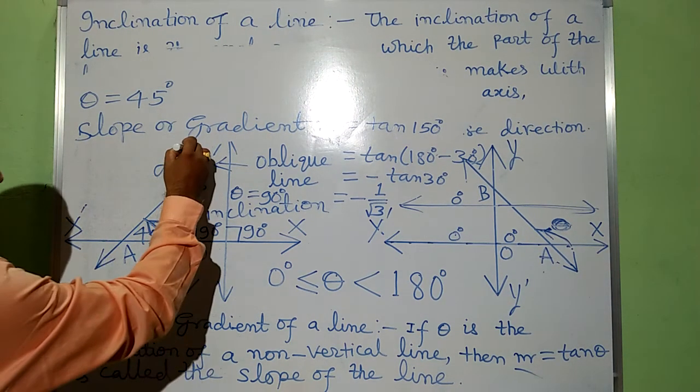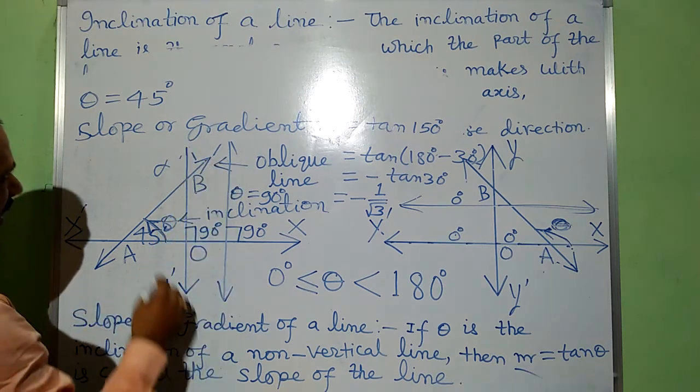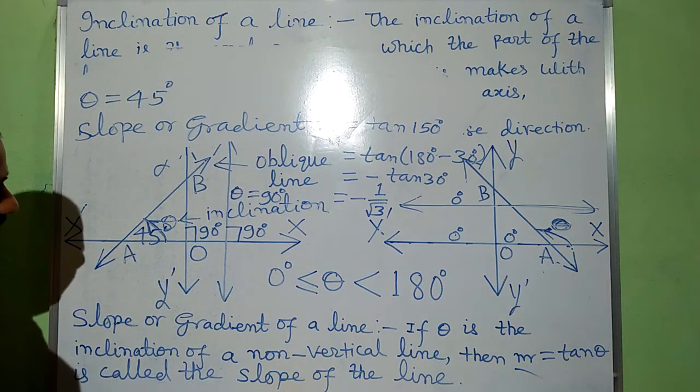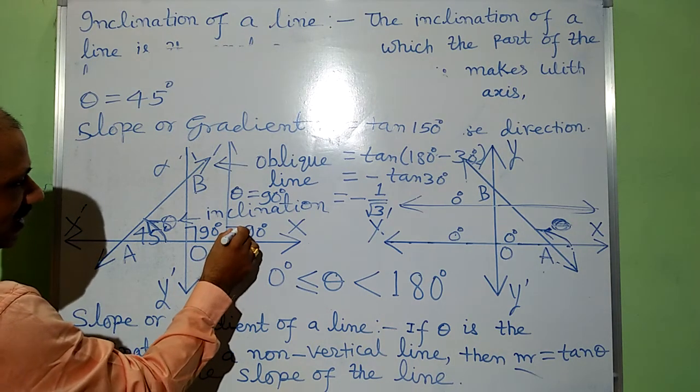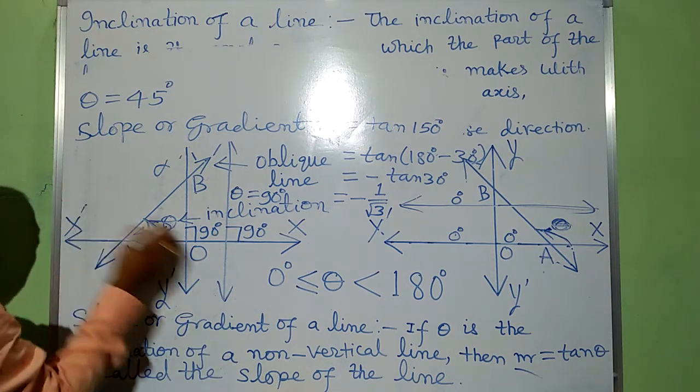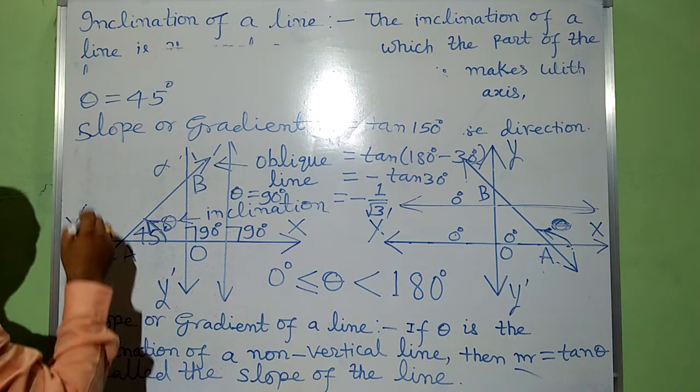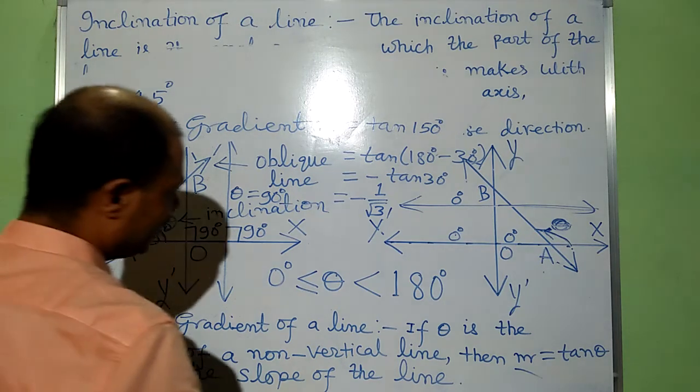When a line is parallel to y-axis or perpendicular on x-axis, then here is angle 90 degree, then its gradient or slope is tan 90 degree.